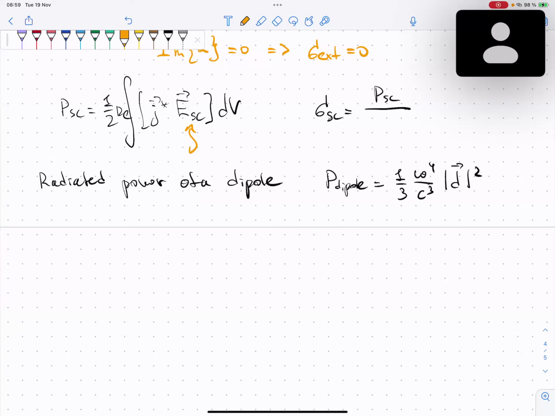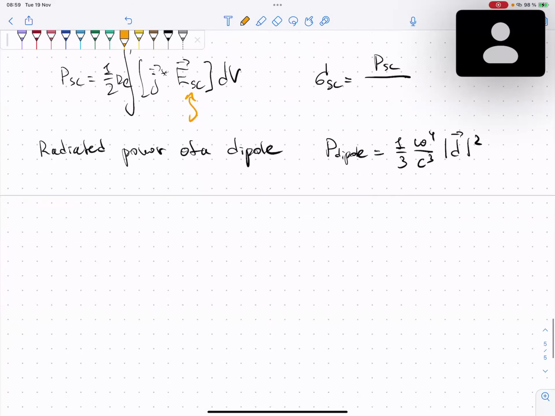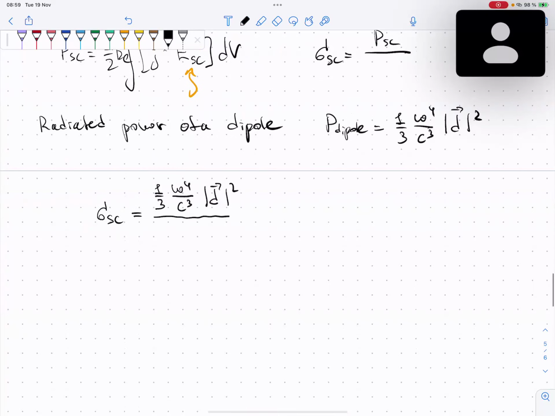And because our scattered field is basically what this dipole is radiating, we can use this expression. So the scattering cross-section, in this case, will be just 1/3 omega to the 4th power divided by c to the 3rd power, the dipole moment squared, divided by the Poynting vector, which is c over 8 pi E0 squared.